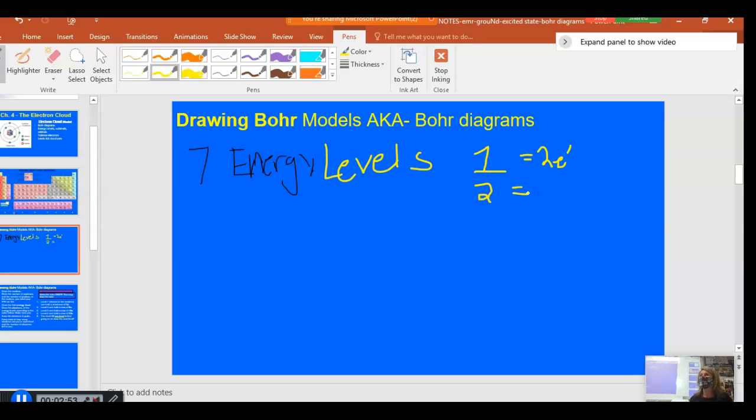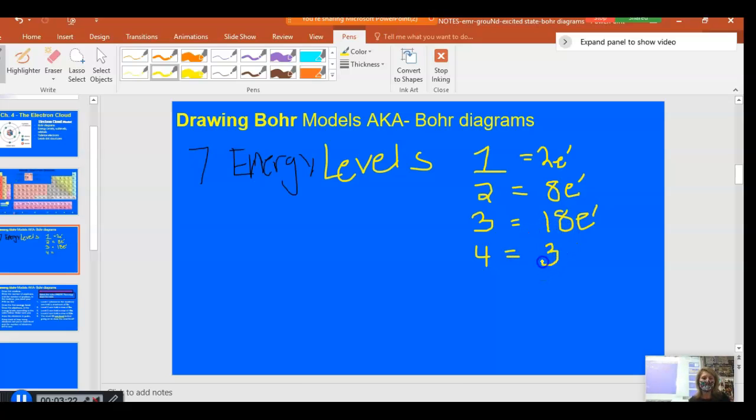Energy level 2 is a little bit bigger, it's further away, and it can hold a maximum of 8 electrons. Energy level 3 is bigger, it's further from the nucleus, and that can hold a maximum of 18 electrons. Energy level 4 is still bigger.